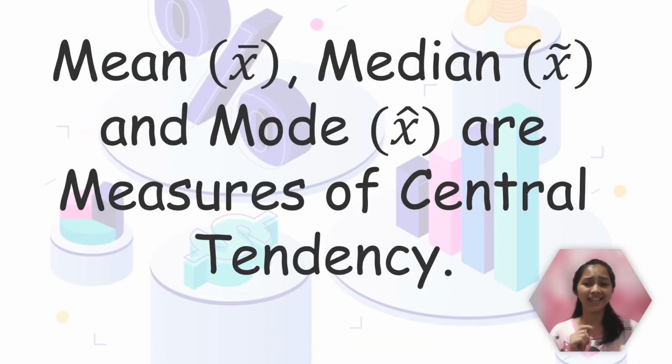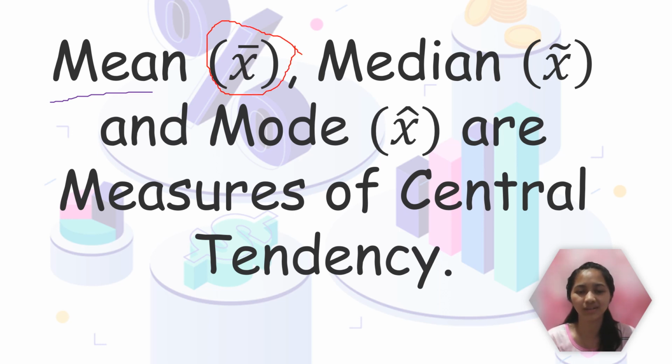Sa knock-knock natin kanina, kung saan sinabing mean, median, and mode. Tandaan ang mga symbols na nasa taas ng bawat salita. Sapagkat halip na gamitin natin ang salitang mean, ang gagamitin natin ay etong symbol na to.